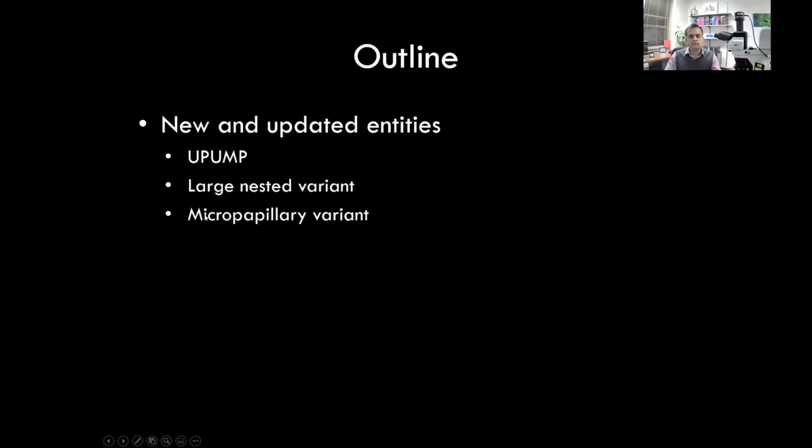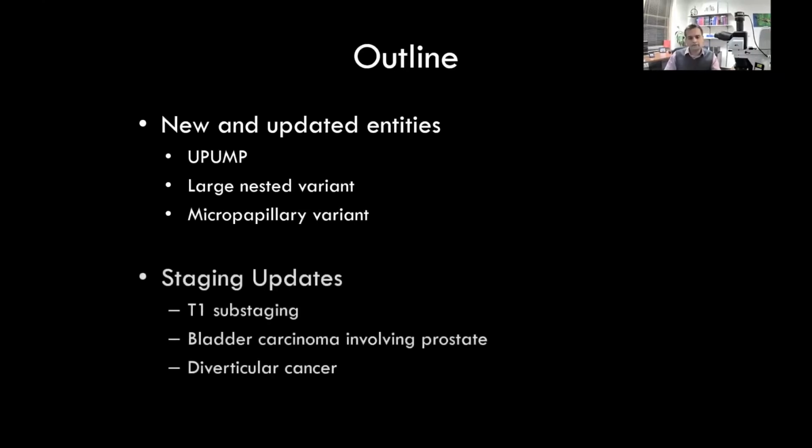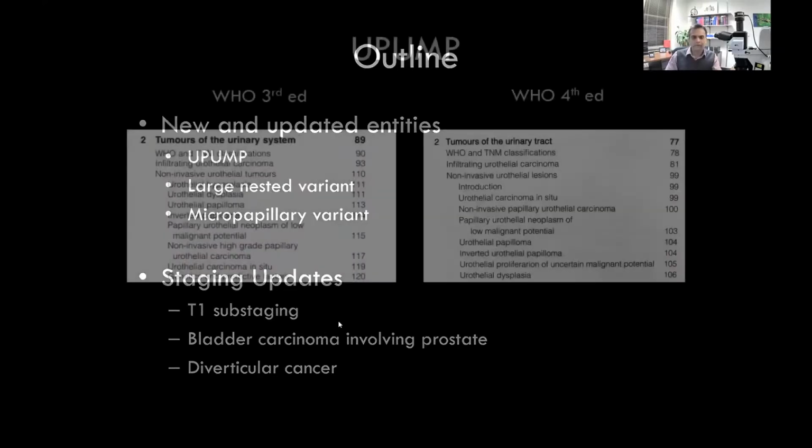Then we have this newly described entity, the large nested variant of urothelial carcinoma. And finally, there are some updates and recommendations on how to diagnose the micropapillary variant best. Then we'll also be talking about staging updates. The most controversial and the most important staging update is in the T1 substaging of bladder carcinoma.